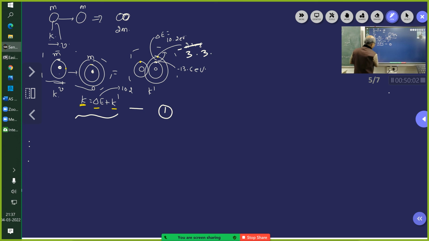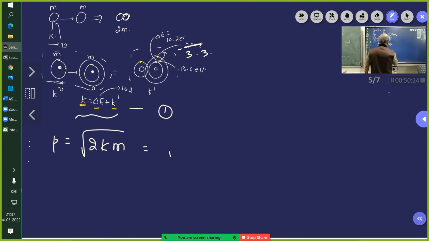In any collision, momentum is conserved. Therefore, P will be equal to root of 2Km, because the other body is at rest and only one body is moving. But after hitting, both of them will join and move together.